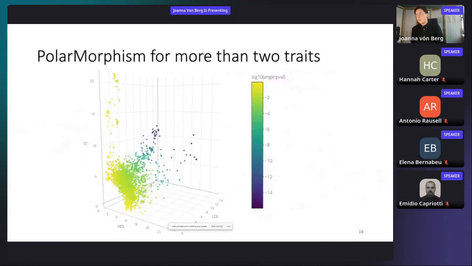And now, very quickly, I wanted to talk about applying PolarMorphism to more than two traits. But as you can imagine, the idea, first of all, is actually similar to the situation for two dimensions, but it's more difficult to calculate. So in a multidimensional space, we can still calculate a distance from the origin.